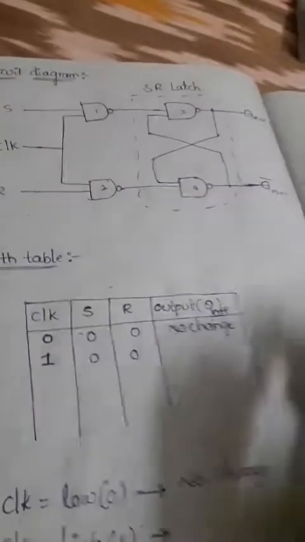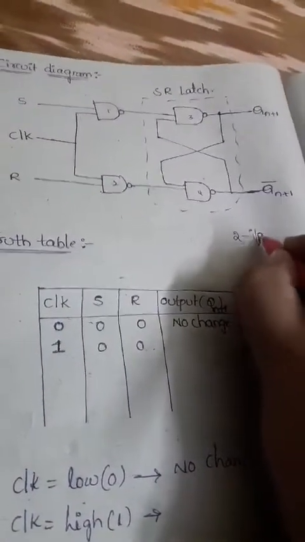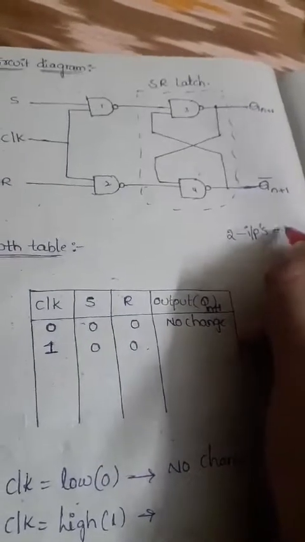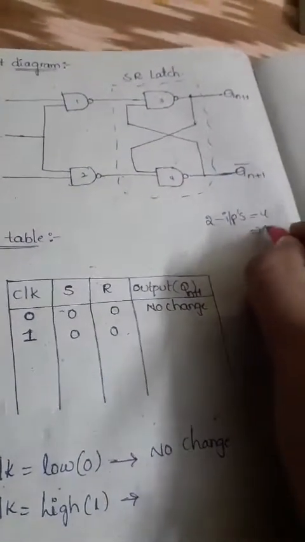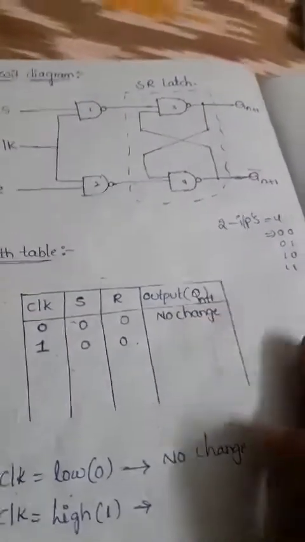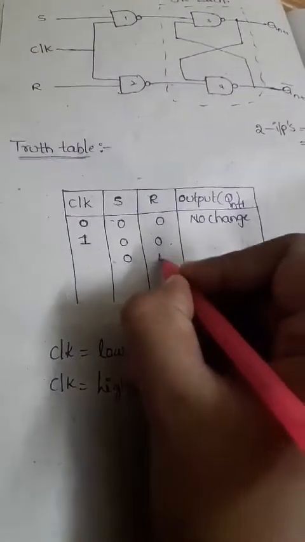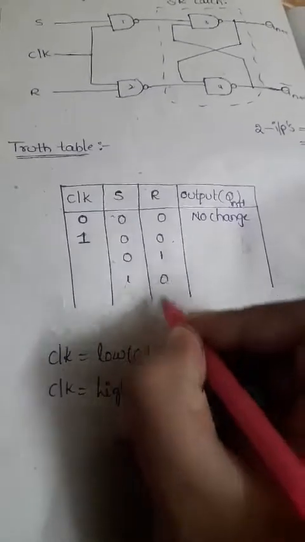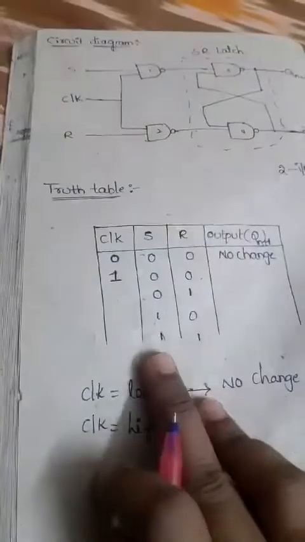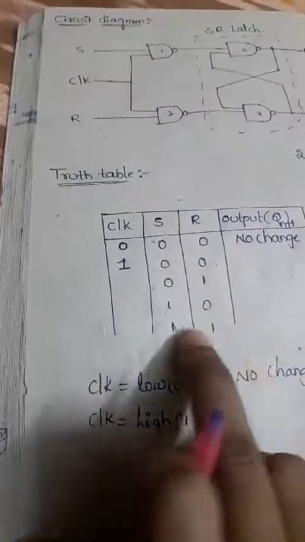From Boolean algebra, if you have two inputs, the binary combinations are 4 possibilities: 0 0, 0 1, 1 0, 1 1. Here also each gate consists of two inputs, that's why the SR flip-flop having two inputs gives 4 possibilities: 0 0, 0 1, 1 0, 1 1.